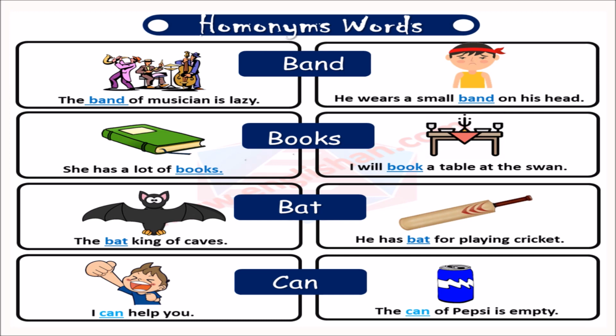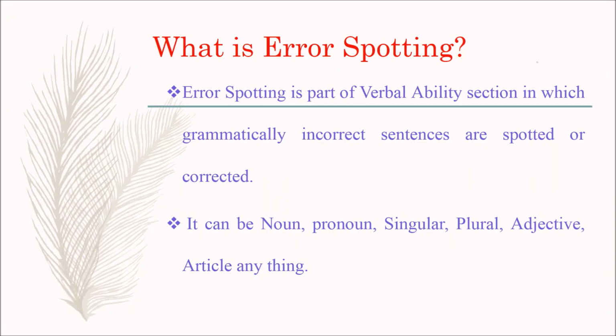So these are all the words that have the same spelling and same pronunciation, but they have different meanings. So these words are called homonyms. Next we are going to learn about what is error spotting.